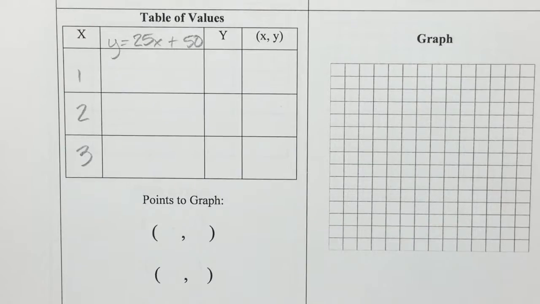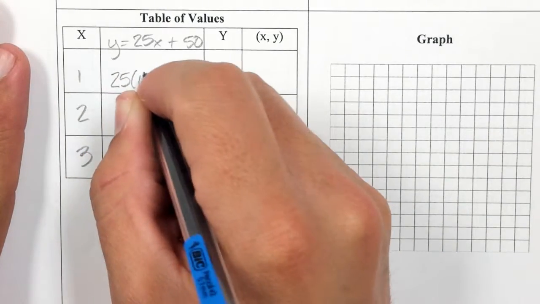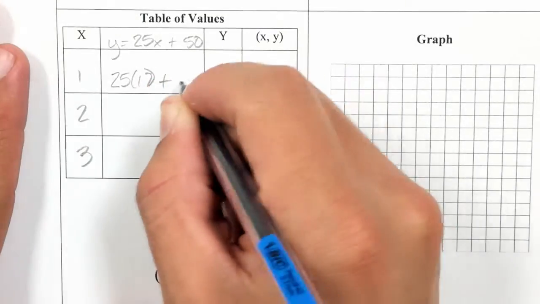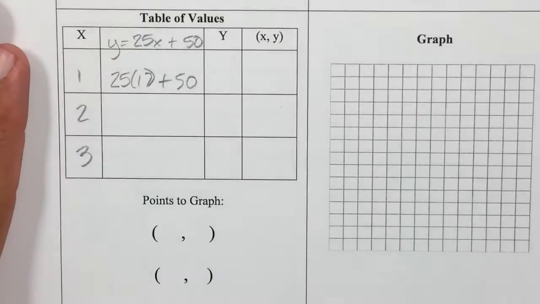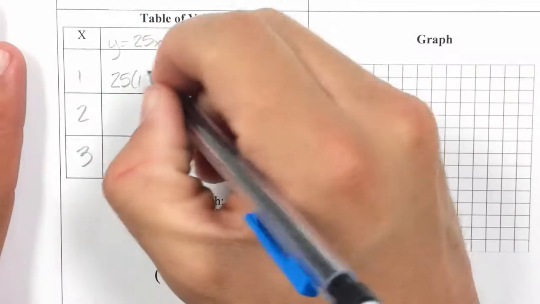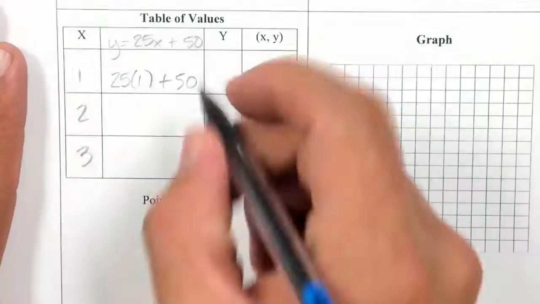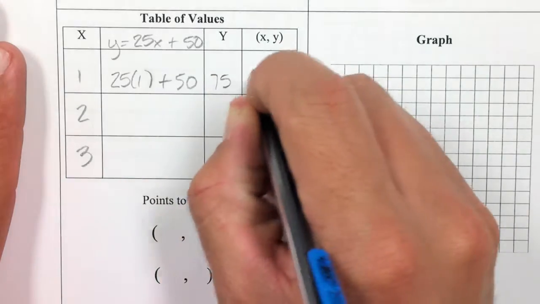All right? So we make our table. We got 25 times 1 plus 50. 25 times 1 is 25 plus 50 is 75.